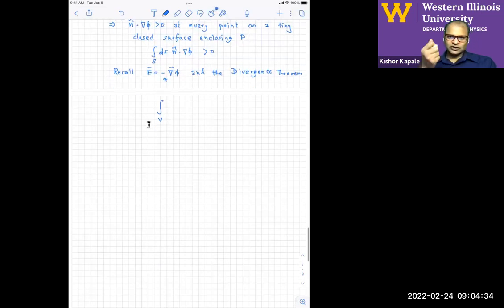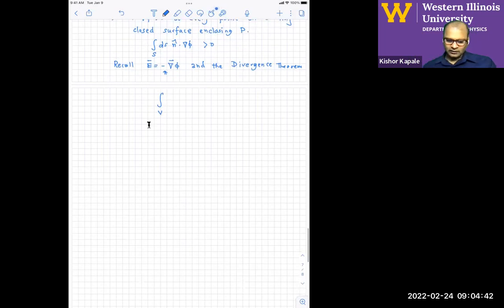Because of that, we can turn this n dotted with gradient phi into an electric field with a negative sign, and then you do a volume integral of its surface. The flux would become a volume integral once you use the divergence theorem. So you get d cubed r divergence of E.